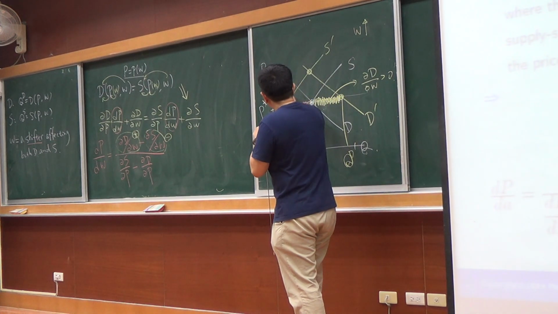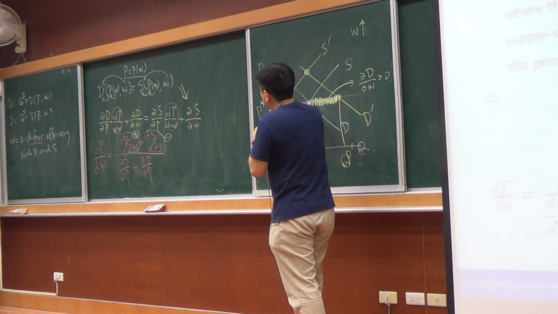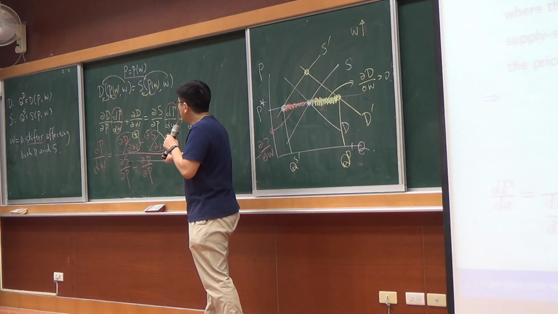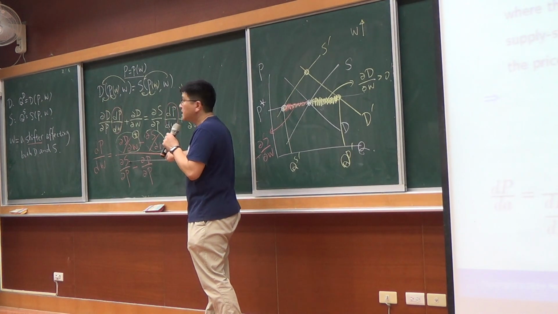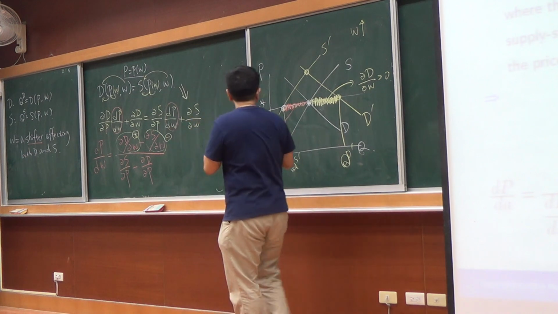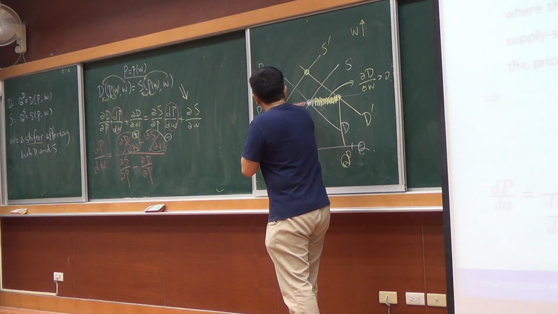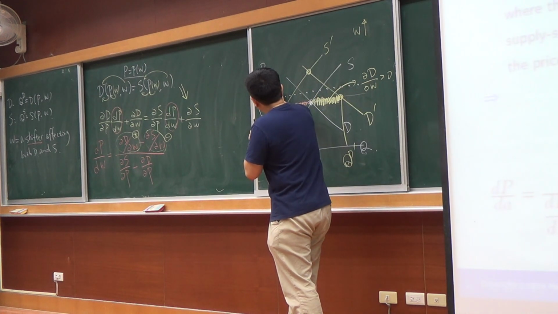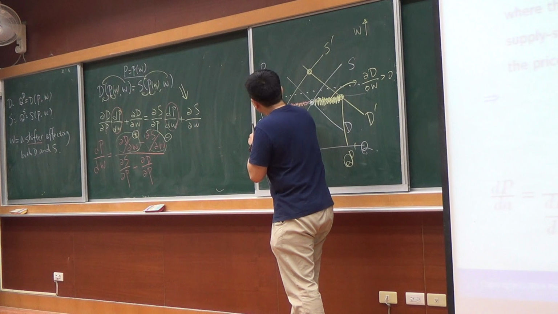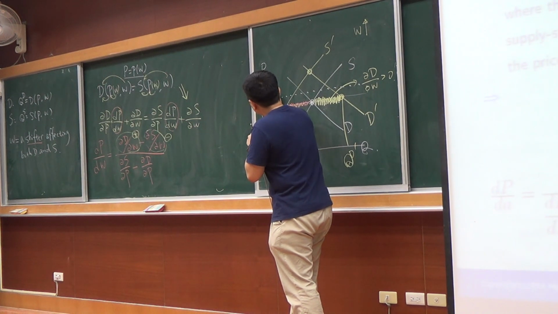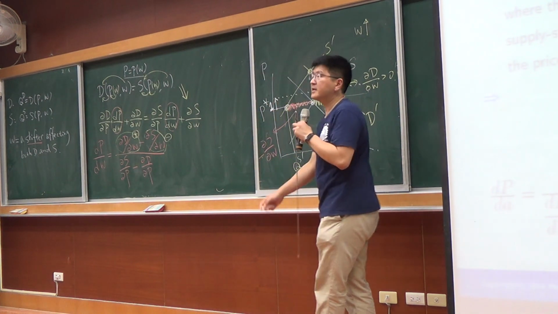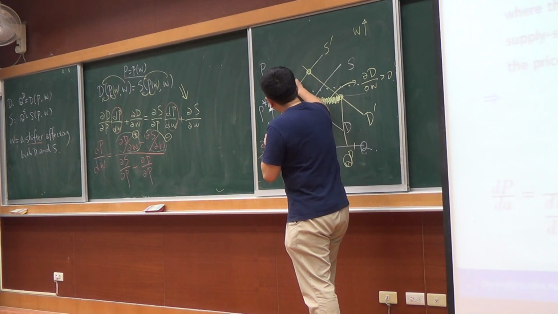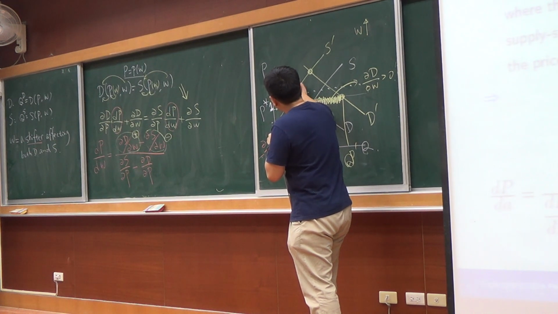So along the supply curve, when the price goes up by 1 unit, how many units change in the quantity supplied? If this is 1 unit change in P, then this quantity supplied will increase by this much.